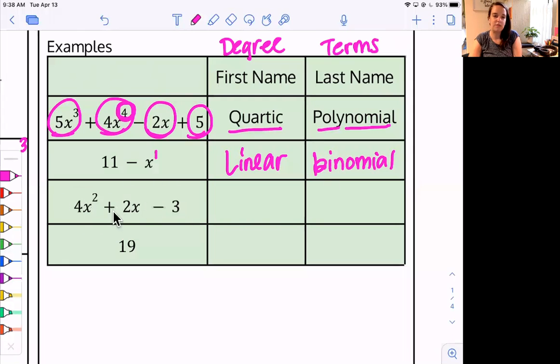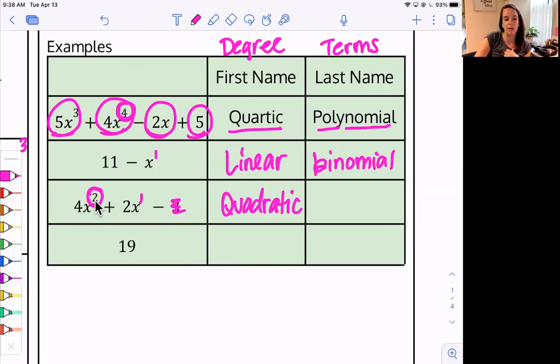Okay, what about this one? What's my degree? Yeah, my degree is 2. Biggest exponent is 2, so quadratic. Where does the 2 come from again? Yeah, the 2 is your biggest exponent. So here you had x squared or x to the 1, or there's no x here, so that one doesn't count. So we say, which one's bigger?